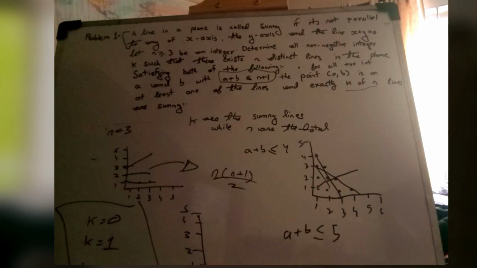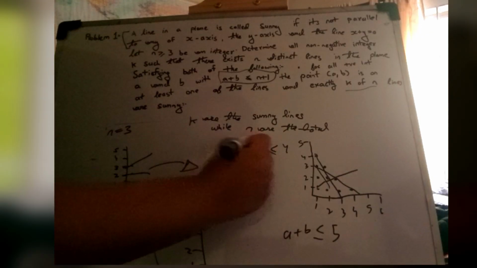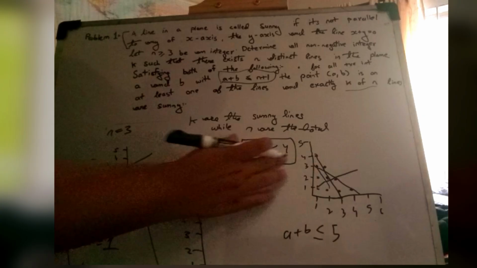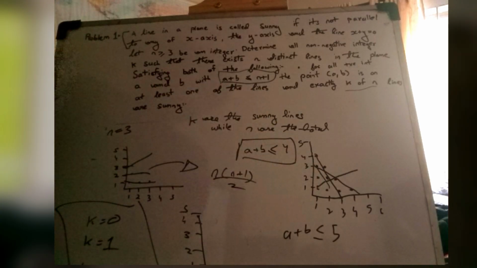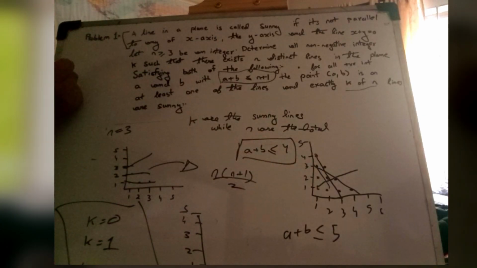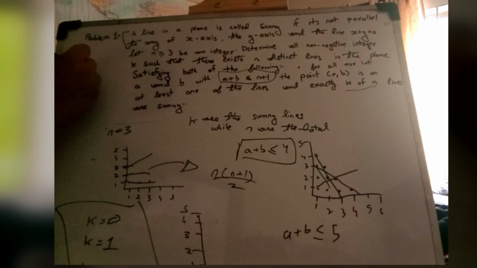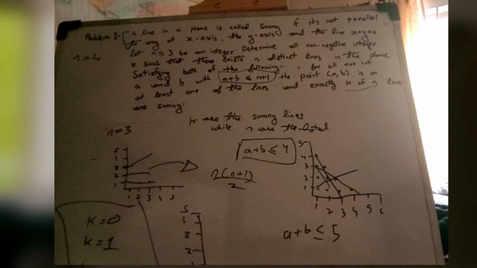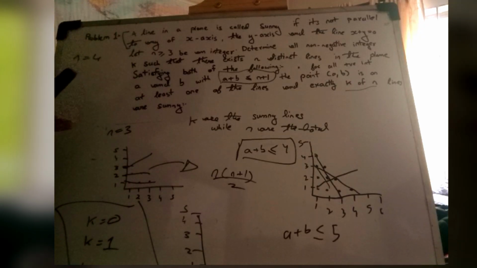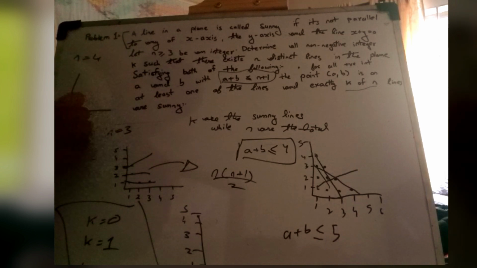For example, we set n as 4. To do this, let's first draw for n equal to 4. We get 1, 2, 3, 4, 5, and 1, 2, 3, 4.